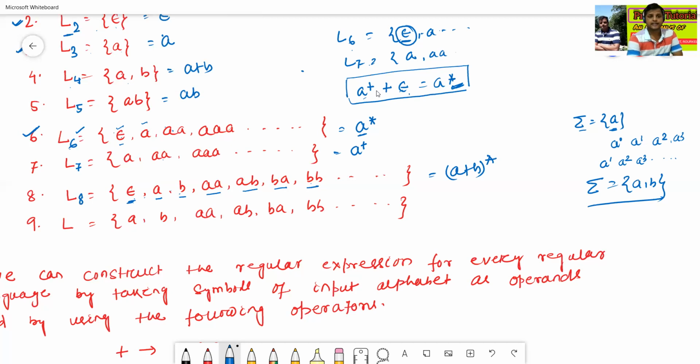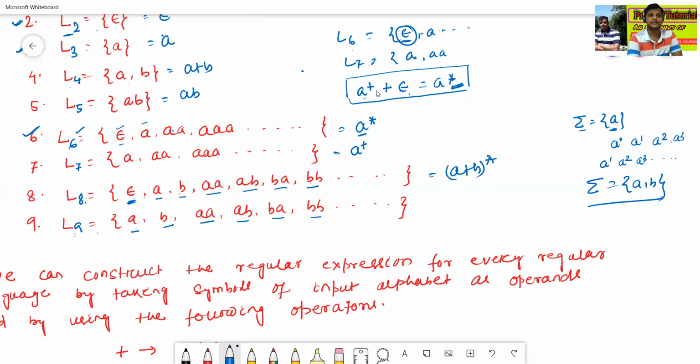Next, language 9 contains all combinations of a and b, like a, b, double a, ab, ba, bb. What is the difference between regular language 8 and regular language 9? Language 9 contains all combinations of a and b except epsilon.